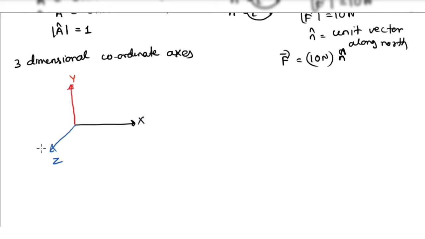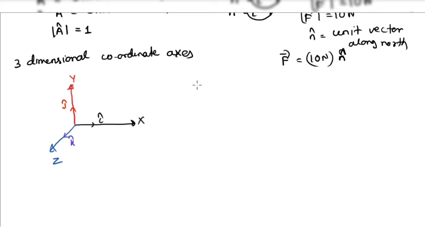So we have defined unit vectors along each axis. The unit vector along x-axis is given by I cap. The unit vector along y-axis is given by j cap, and the unit vector along z-axis is given by k cap.